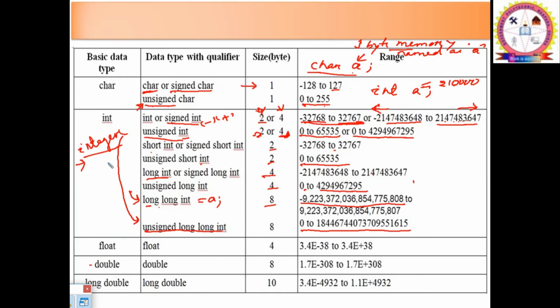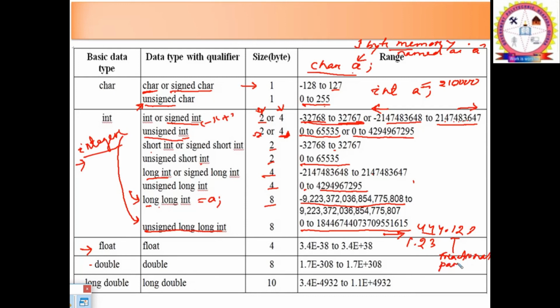So this is about integer, and the next category of data is float. Integer is used to store numbers, whether negative or positive. Float is used to store fractional data. Suppose you want to store 1.23 or 444.123. So floating data means it can contain the integer part and fractional part, right?